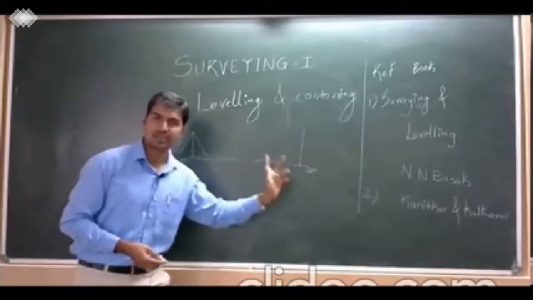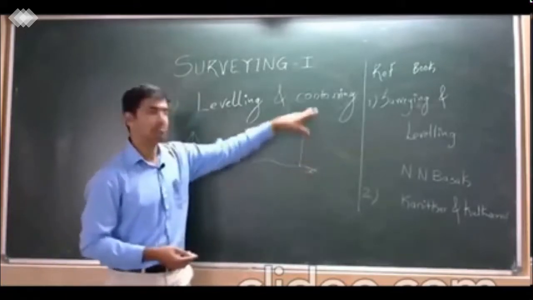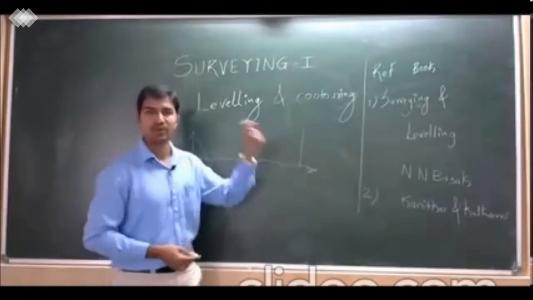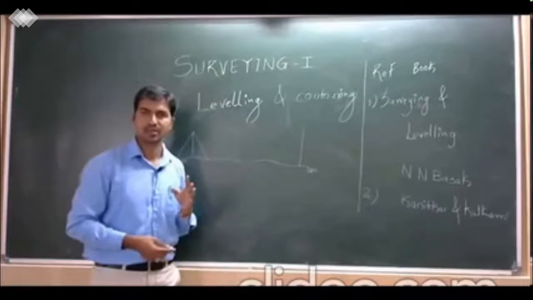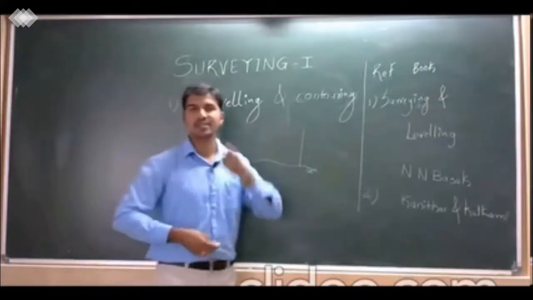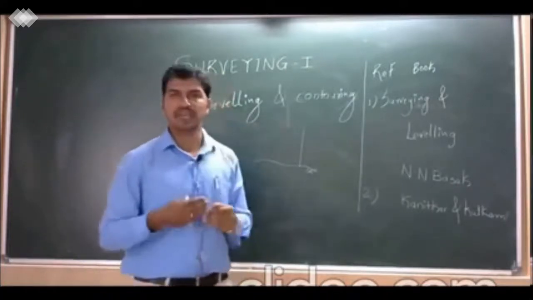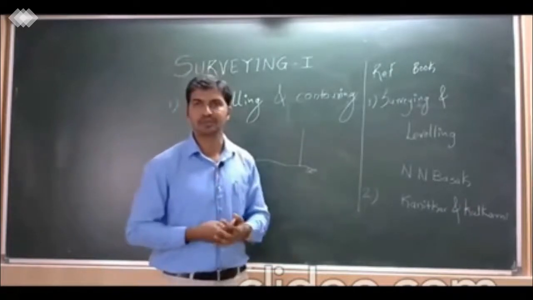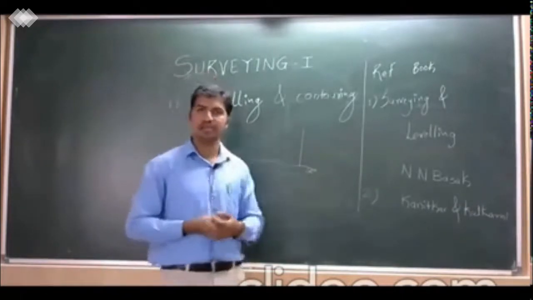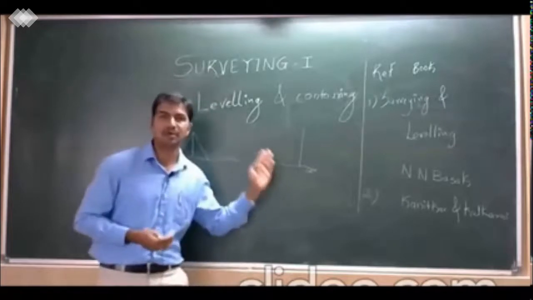Now, leveling staff is nothing but your measuring or observation instrument on which we are having some graduation. The length of this leveling staff starts from 3 meter, 4 meter and up to 5 meter. The staff which is available in the lab is of 4 meter height.